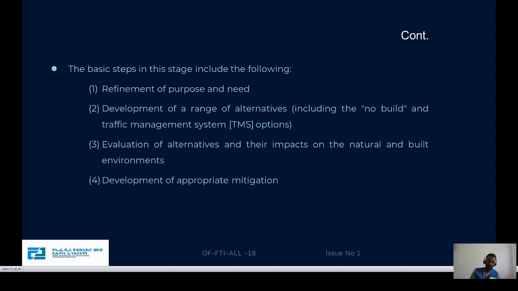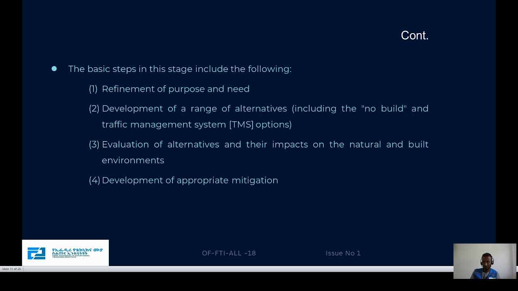After this comes the evaluation of alternatives, mostly related to cost. For example, the first alternative is building a road. It takes a high amount of cost. The second option is changing the roundabout to a signal, increasing the capacity, so it costs some amount of money.